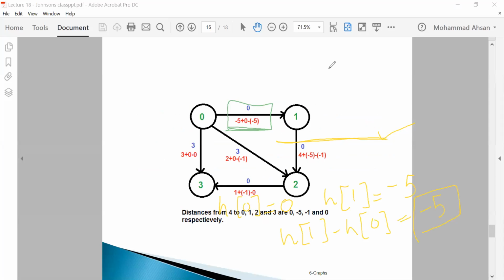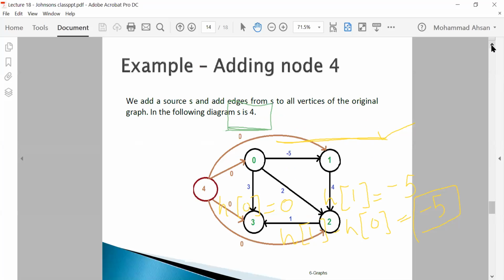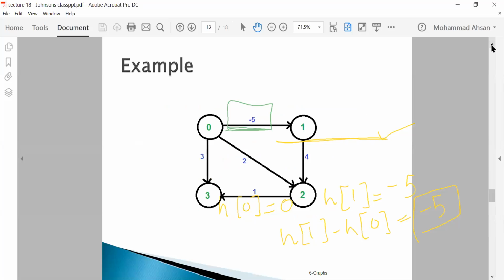This is not the original graph. Let's go to the original graph. The weight is minus 5, and H1 minus H0 is also minus 5.